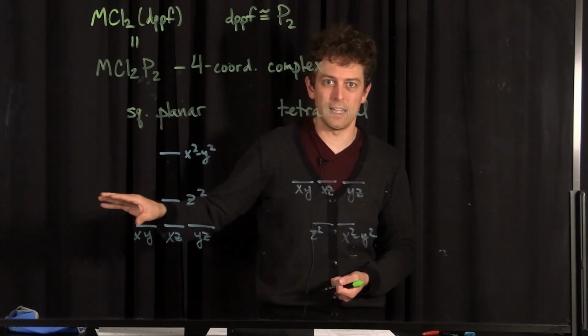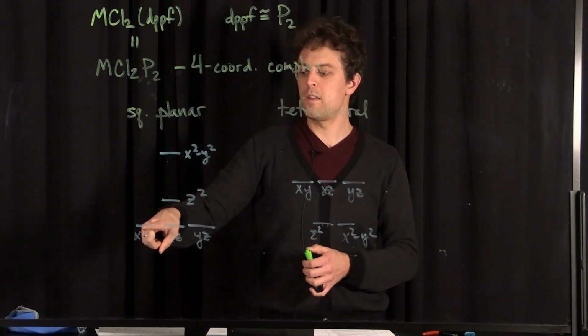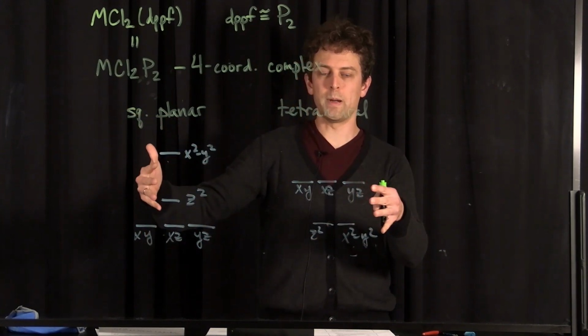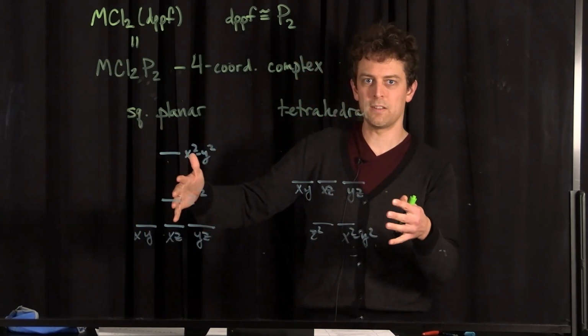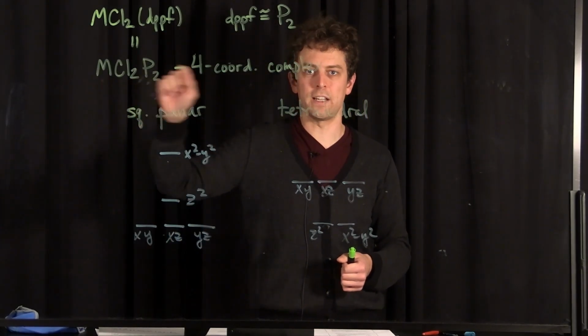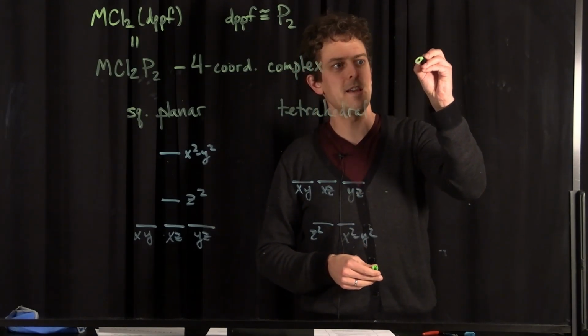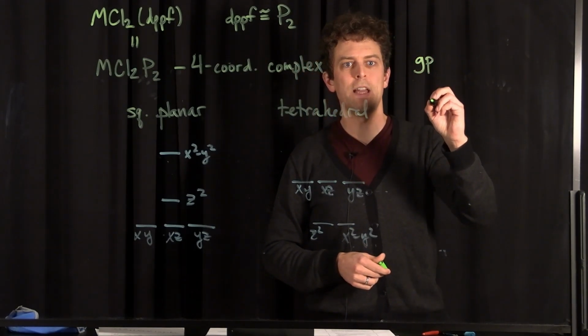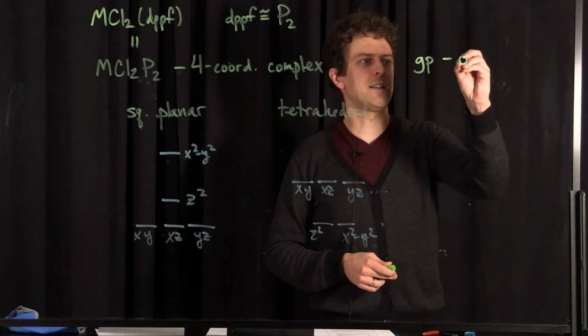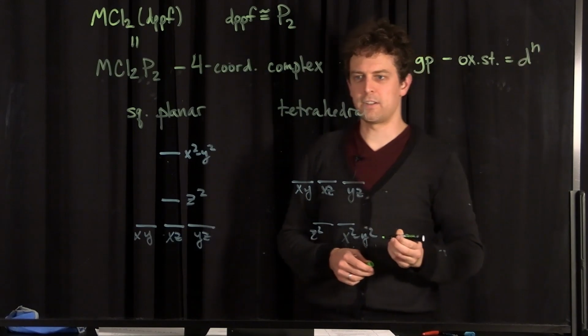You're going to hear more about that in lecture. Takeaway is, once you know the splitting patterns, and here we have the 2 possible ones, the derivation of those should be something you talk about in lecture. All you also need to know is how many d electrons are in the complex. And the d electrons you can get from the group on the periodic table minus the oxidation state. Gives you your d electron count.